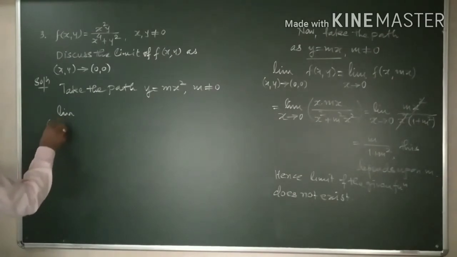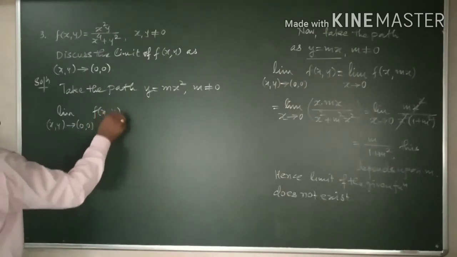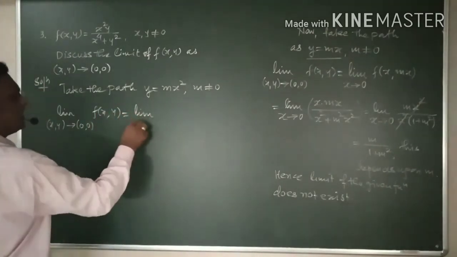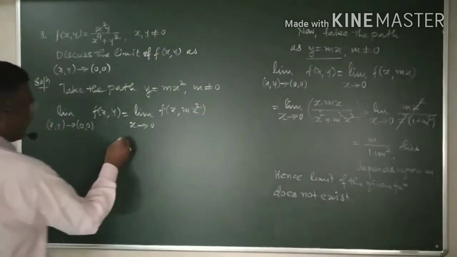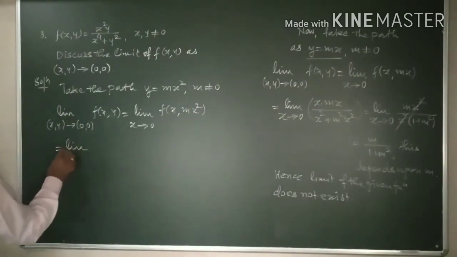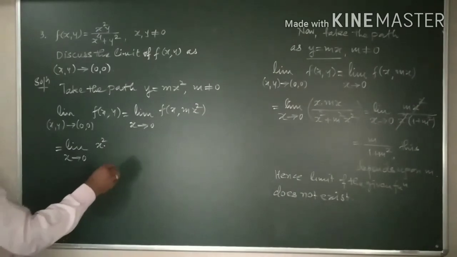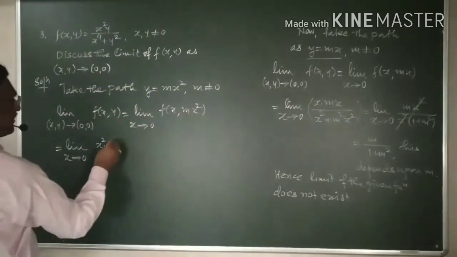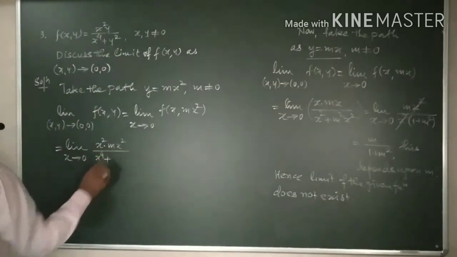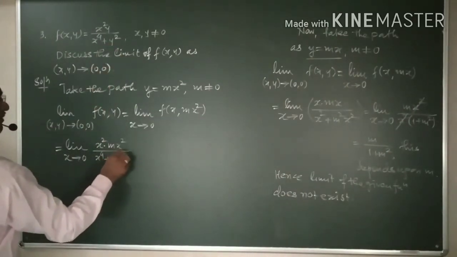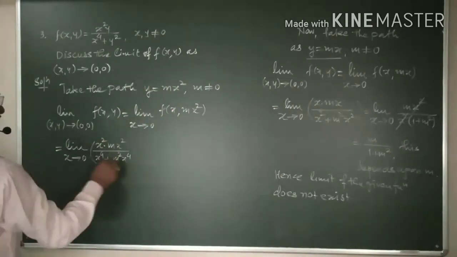Then let me consider the limit as (x, y) tends to (0, 0) of f of x y, which is equal to the limit as x tends to 0 of f of x, m x square, which is equal to the limit as x tends to 0 of x square into y, where y is m x square, therefore m x raised to 4, divided by x raised to 4 plus y square, which is m square x raised to 4.